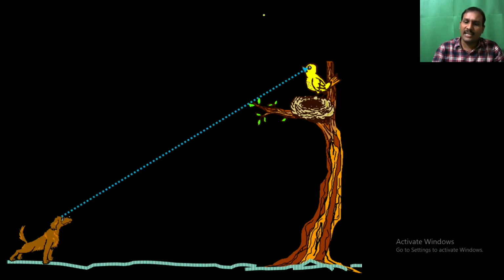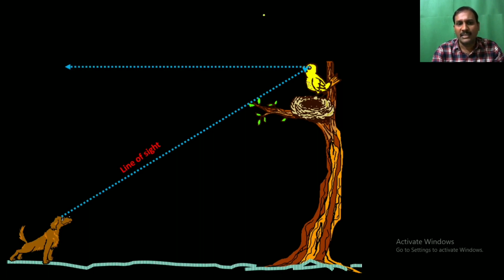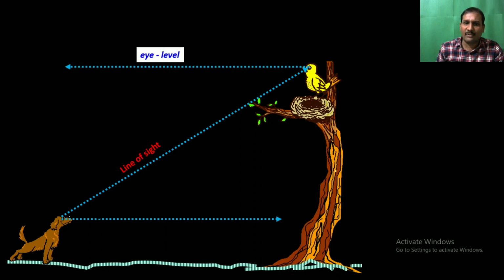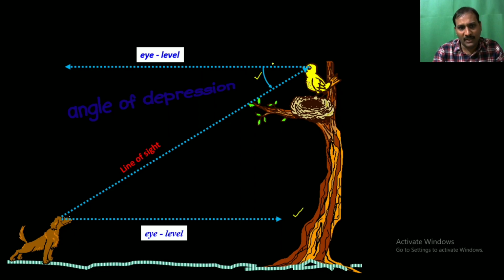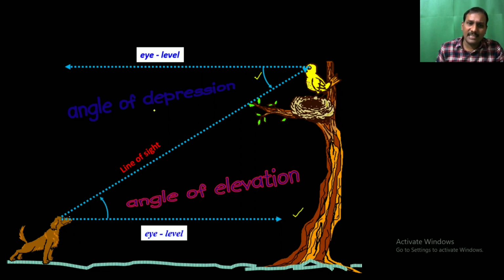This is the line of sight, and this is the horizontal line with respect to the bird, and this is the horizontal line with respect to the dog. Now there are two angles formed. This angle is the angle of depression with respect to the bird, and this angle is the angle of elevation with respect to the dog.